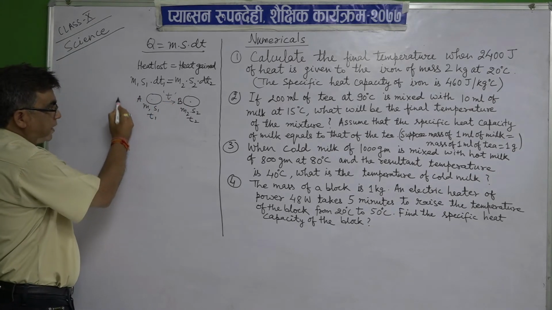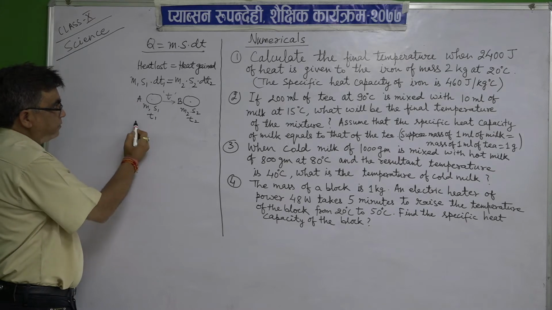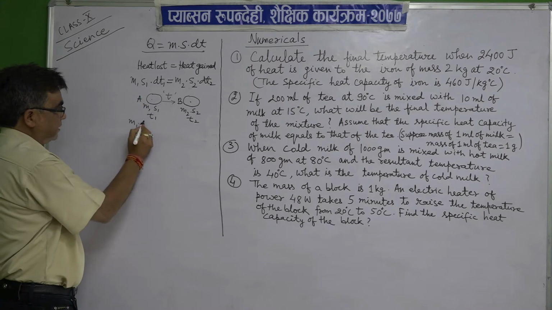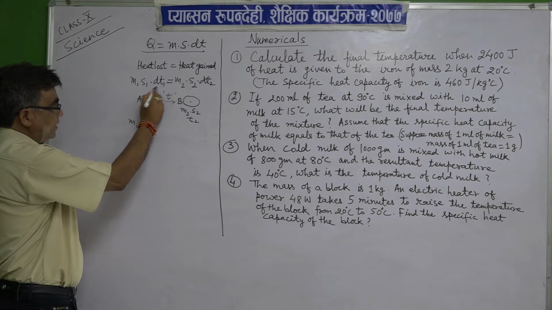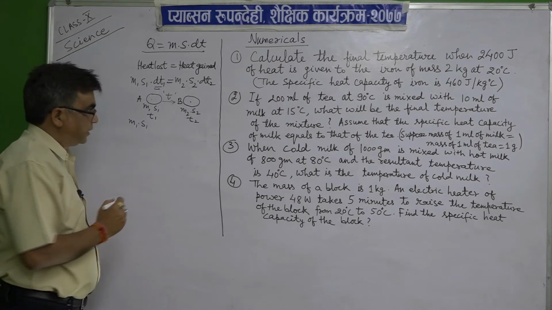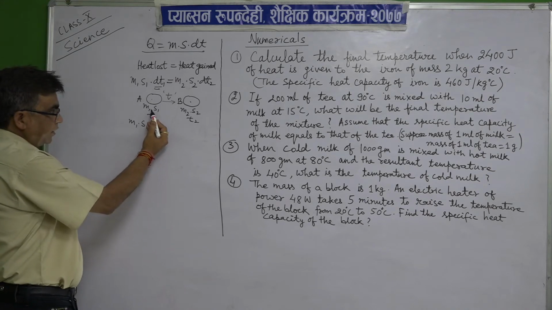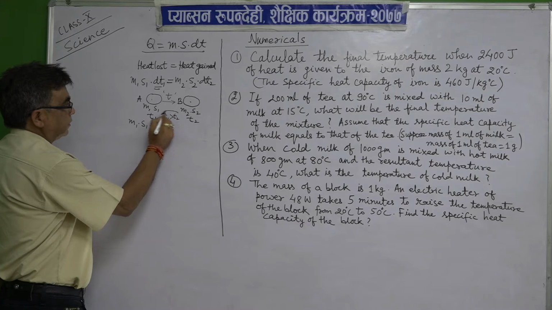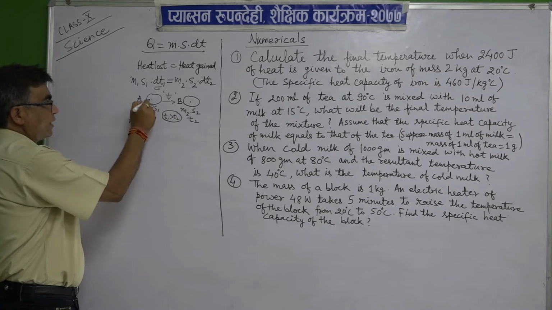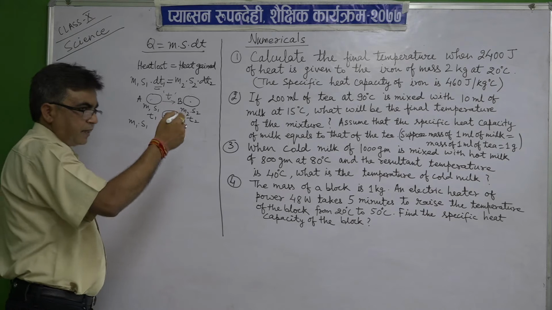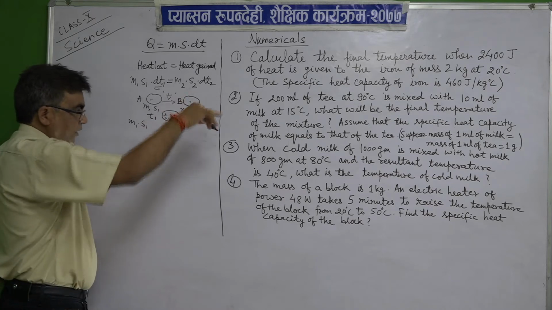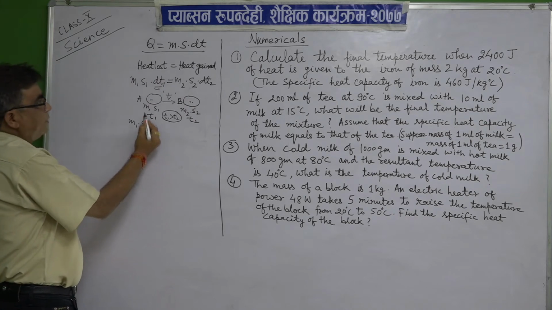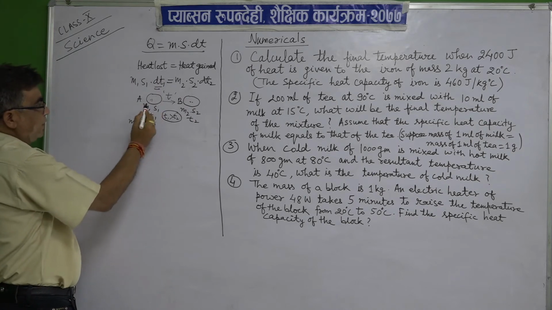Now look at this equation, what it becomes. m1 is m1, S1 is S1. So what is dT1, the temperature difference? For the hotter object, the initial temperature T1 is greater than T2. This one is at higher temperature, and this one is at lower temperature. This is the hot object, this is the cold object. What will be dT1 for this body?